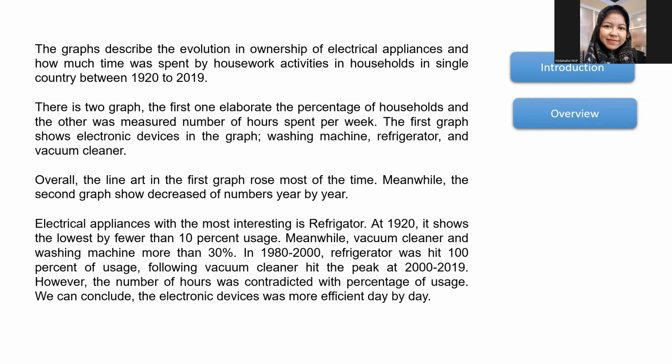So there would be no numbers, there would be no percentage, just the overview overall. Okay, so this is your overall, the line art, blah blah blah. It should be in the second paragraph.